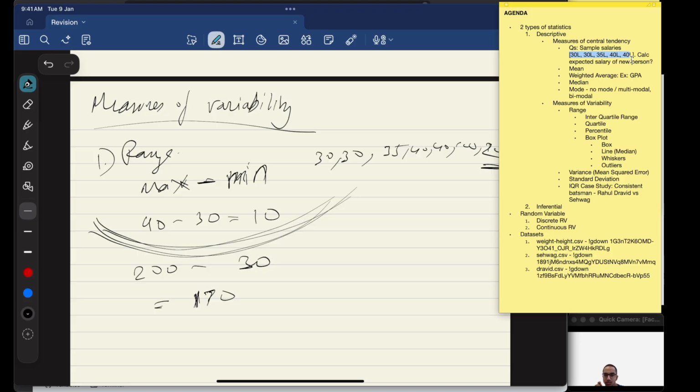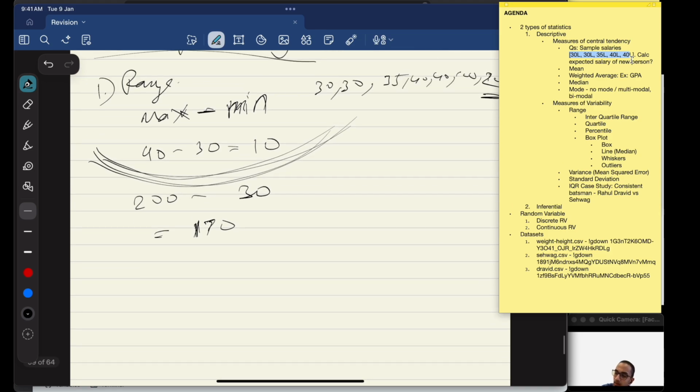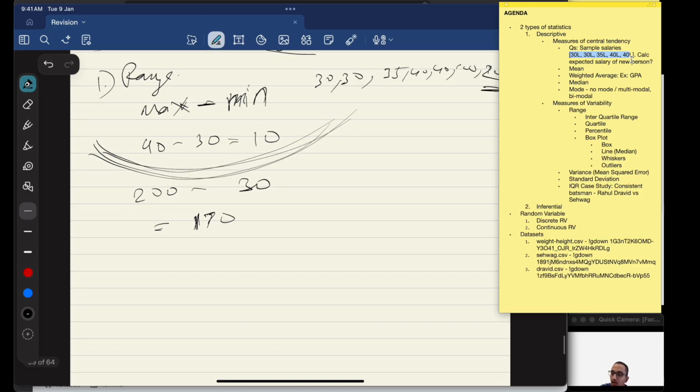So in order to handle data sets where outliers exist, which is most of the data sets, because the real world is always messy, we use something called IQR, which is interquartile range.